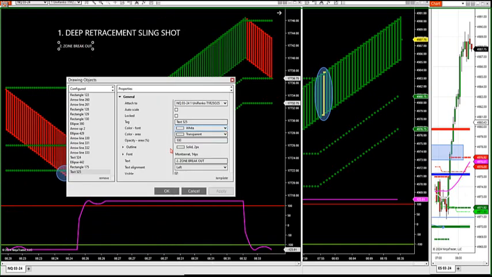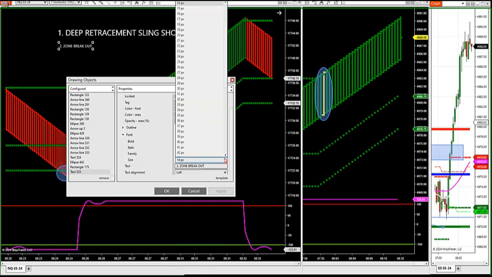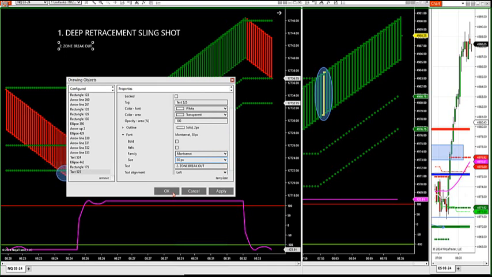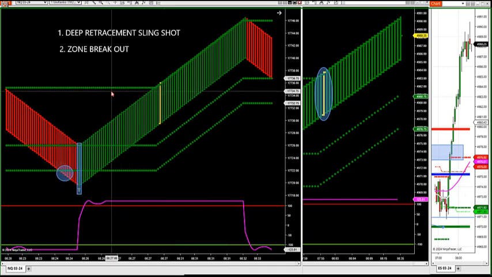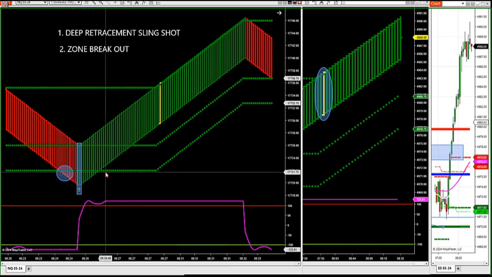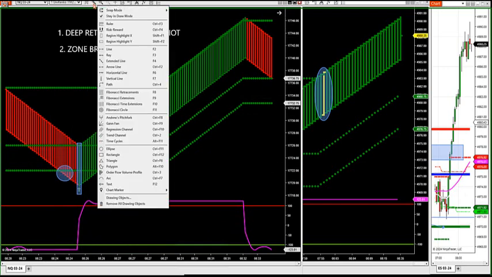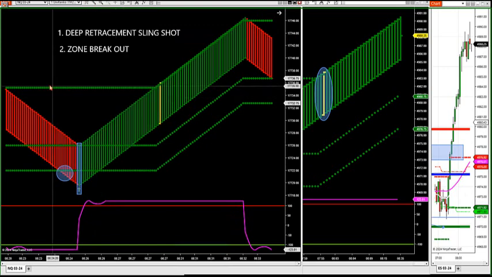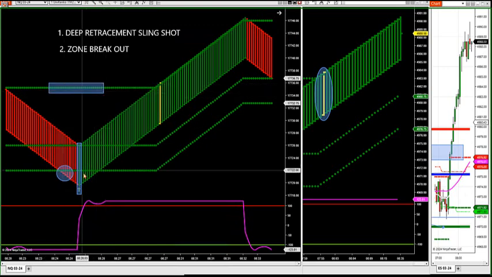What a zone breakout is, you are looking for a breakout or continuation of trend. How you can dictate that is these dots above. You have this deep retracement where you get below the outer zone. Then we have these projected breakouts above us that give us a big heads up.